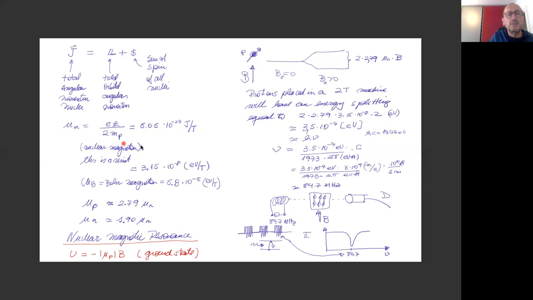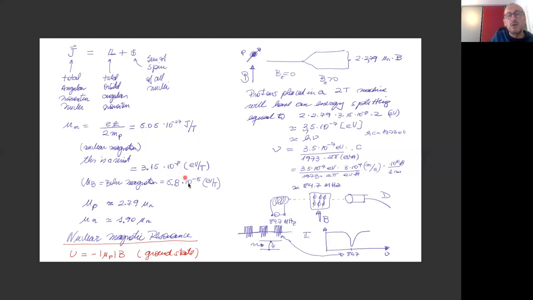Well, this is the actual scale constant that produces the difference in energy induced by placing a neutron or a nucleon in general in a magnetic field. So this is called the nuclear magneton, okay, which is actually much smaller than the Bohr magneton.